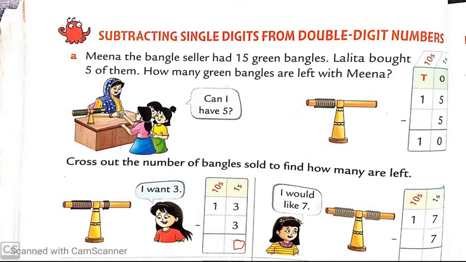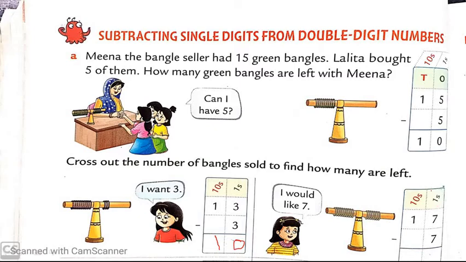Now move on to the tens place. Here we want to subtract from 1. There is no number present, so that means 1 minus 0. And when we subtract 0 from any number, we get the same number. So 1 minus 0, we get the number 1. Okay. Next sum is 17 minus 7.